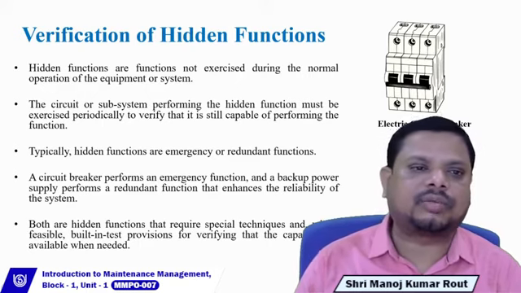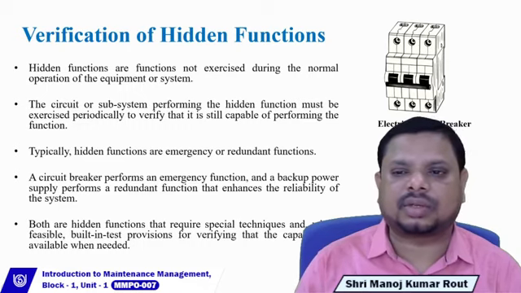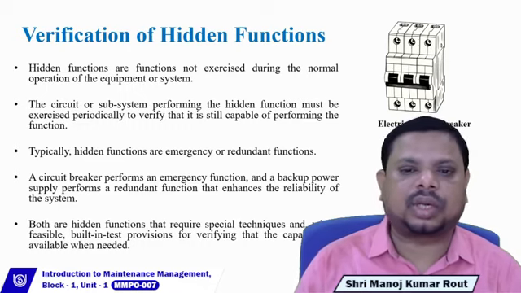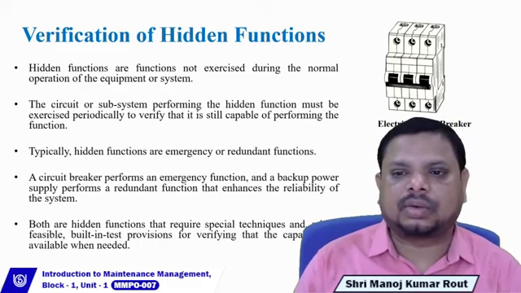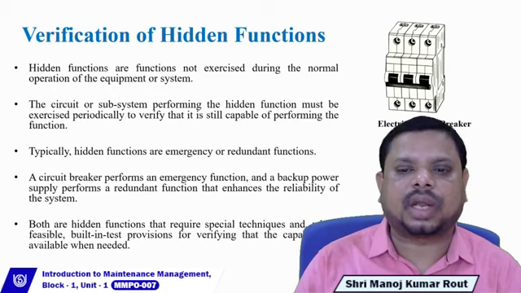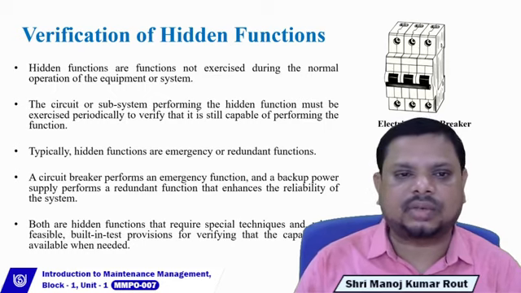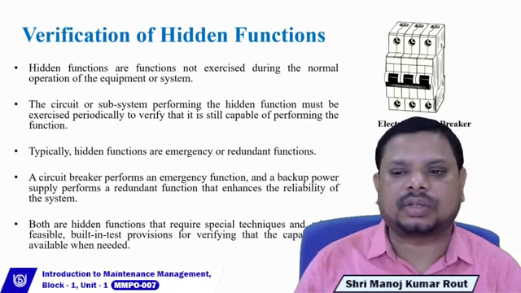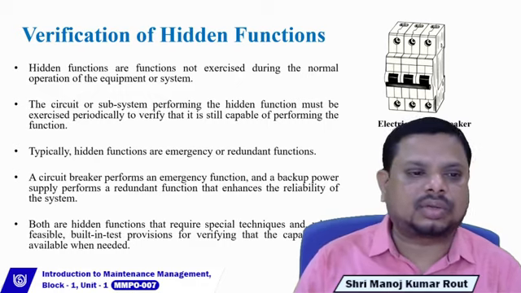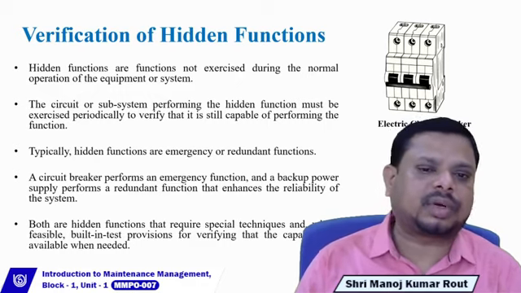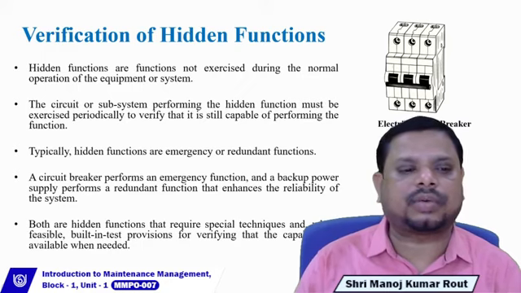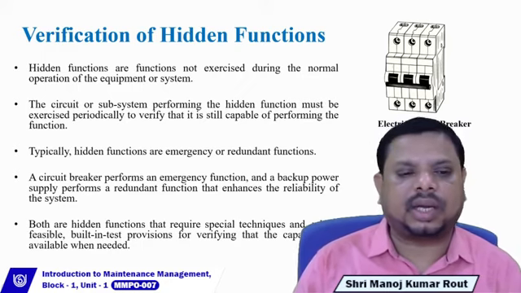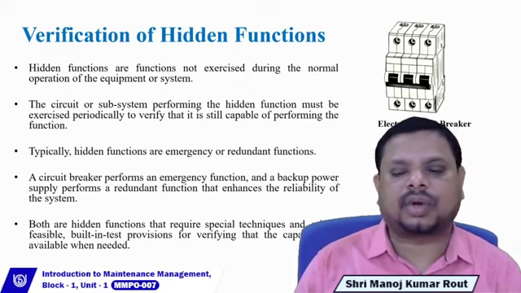If you find the motor is out of alignment, or the pump is out of alignment, which produces a loud noise, in that case you can use the verification of hidden function in the form of circuit breakers. The circuit or subsystem performing the hidden function must be exercised particularly to verify that it is still capable of performing the function. Typically the hidden functions are emergency or redundant functions.